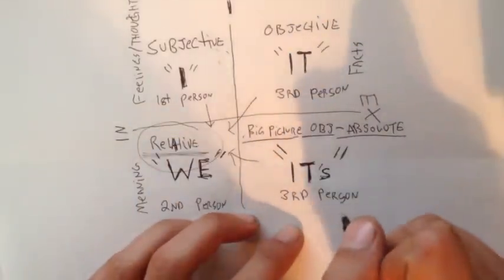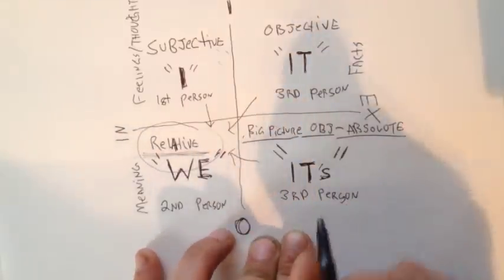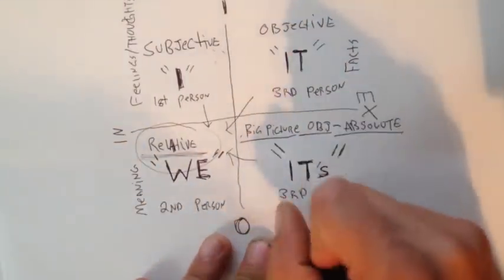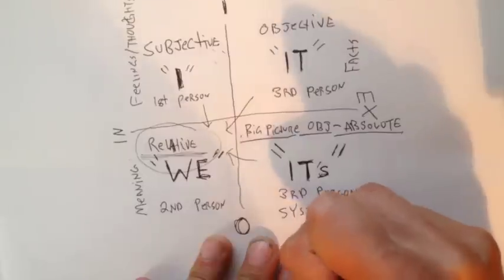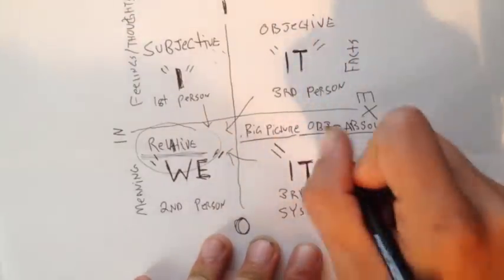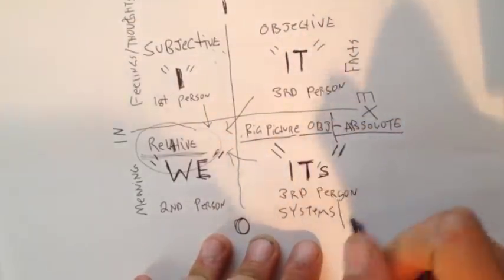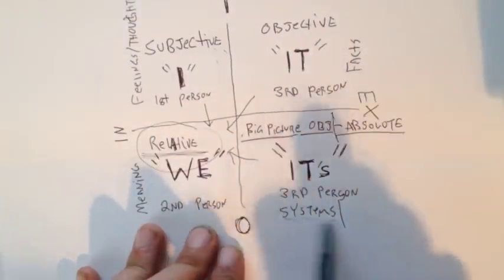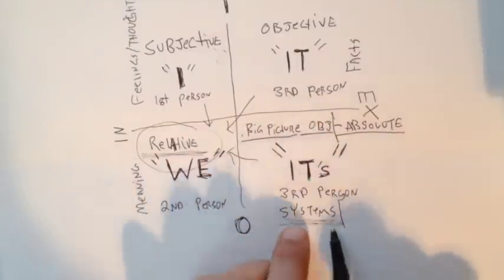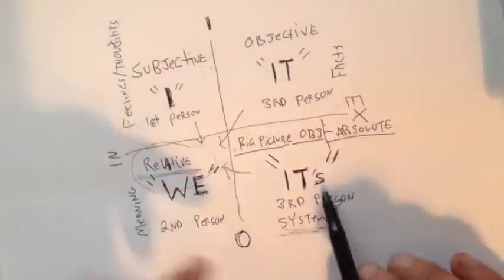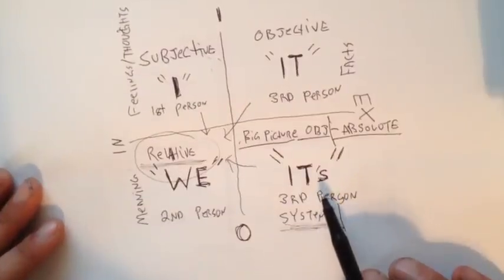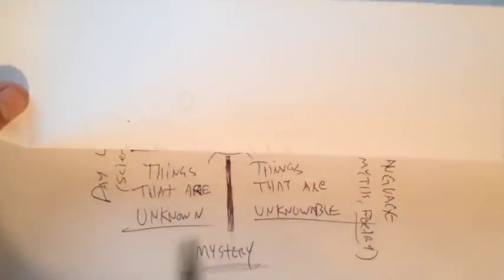Maybe the thing to put here would be, I'm going to say systems on the big picture objective side, because we are starting to have some theories and we can understand some aspects about the big picture domains, even though there are some things that are still unknown.